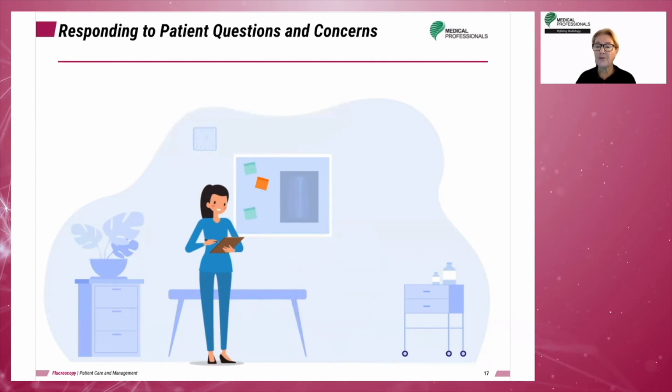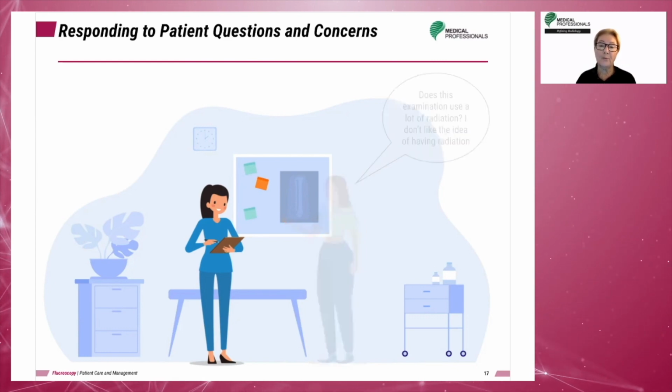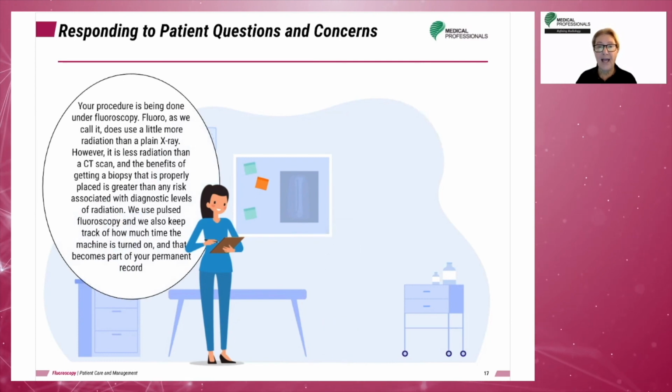This is a great response that shows the patient where the dose falls compared to other examinations without dismissing his concerns. It also gives the patient a sense of comfort to know the benefit is greater and that the dose will be recorded. The last patient shown here is having a barium enema.